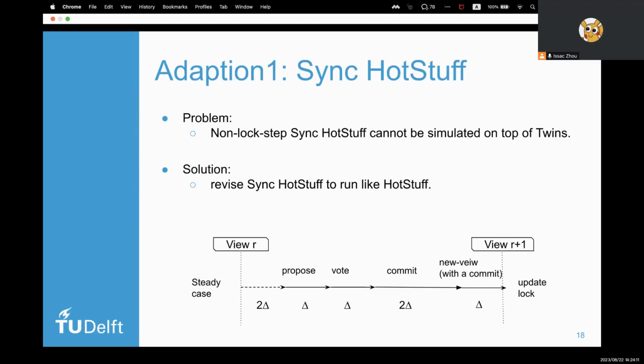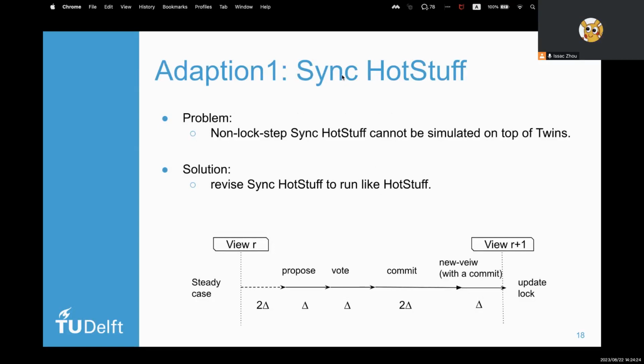The first problem is that synchronous HotStuff cannot be built upon twins because synchronous HotStuff's steady case uses the same leader to propose blocks every 2 delta until any equivocation or network delay causes a view change.